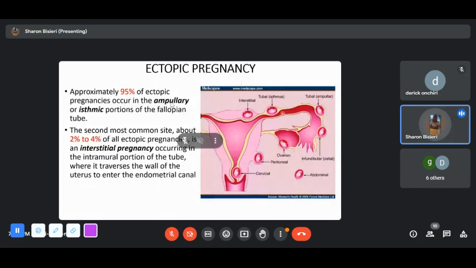And 95% of these ectopic pregnancies occur within the isthmus and the ampulla. And then the second most common, but it's only 2 to 4% of them, is this interstitial type.